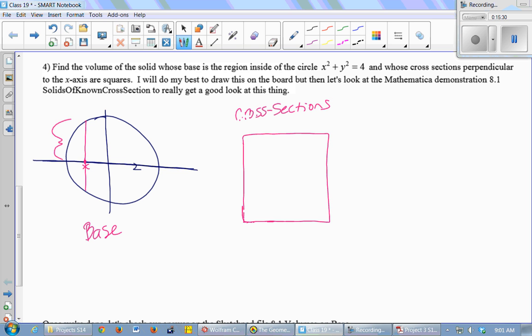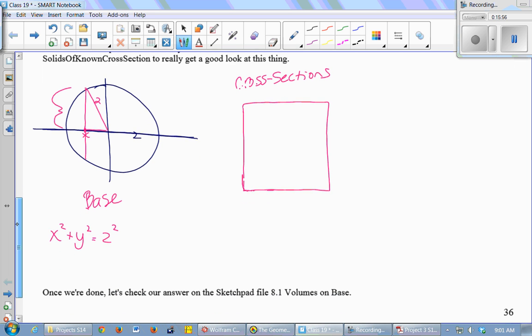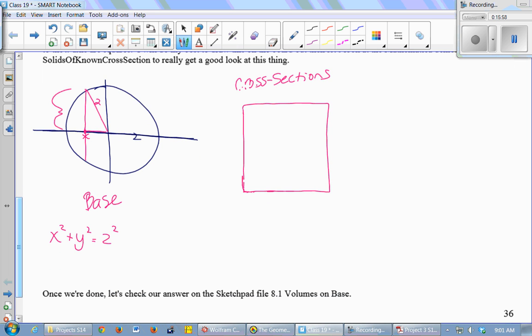Yeah, sure, we could do the Pythagorean theorem. We know what is the radius of this thing? 2. So I could say x squared plus 2 squared equals, oh no, sorry, 2 is the hypotenuse. X squared plus y squared equals 2 squared. We kind of already knew that because that's the equation of the circle, right? So if I wanted to know what y was, we can call that y.